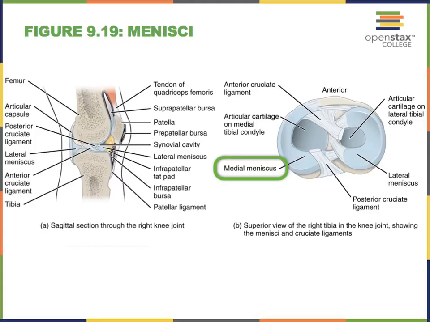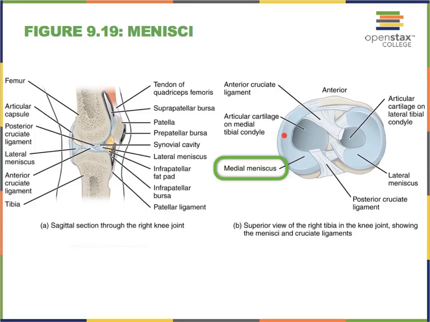So that leaves us with the menisci. And for this, let's take a look at a superior view of our knee joint. So we've removed the femur, and we're looking here at, on this side, the side with the bigger bone, this would be our tibia. And here we have the much smaller bone, that would be the side for the fibula.